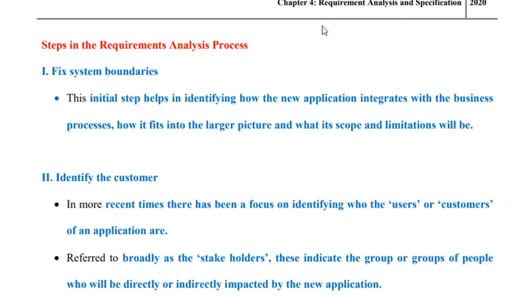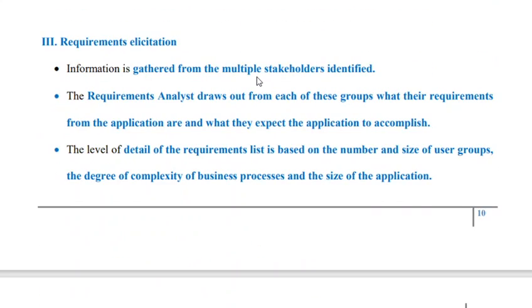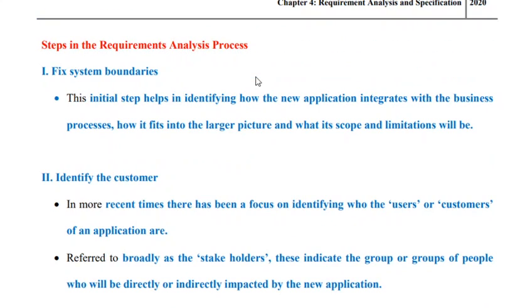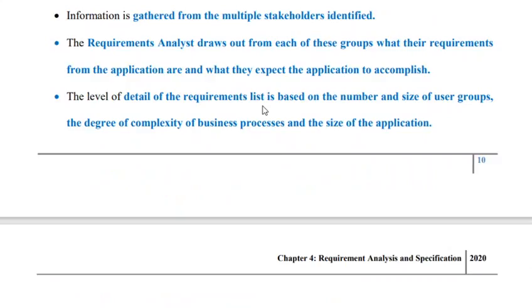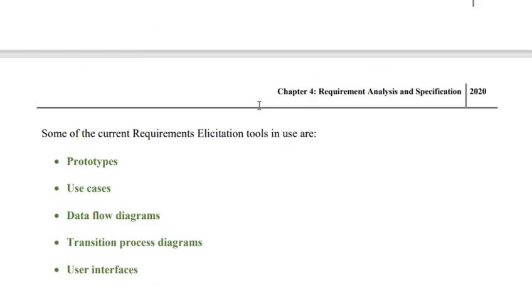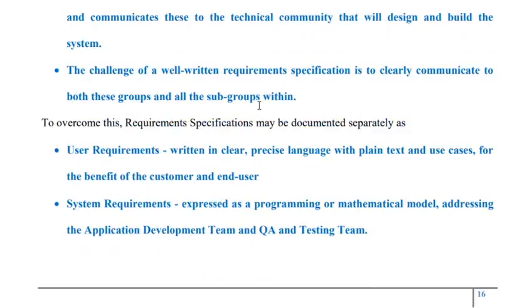Now, what are the steps in the requirement analysis process? Let us elaborate further. The first important thing is to fix system boundaries, then identify the customers, and then we have the requirement elicitation phase, then the requirement analysis process, the requirement specification process, and so on.